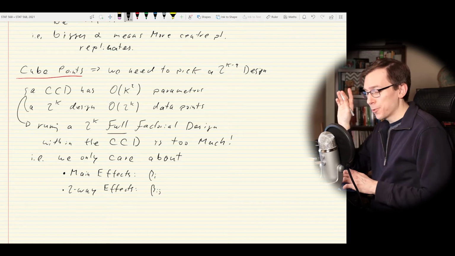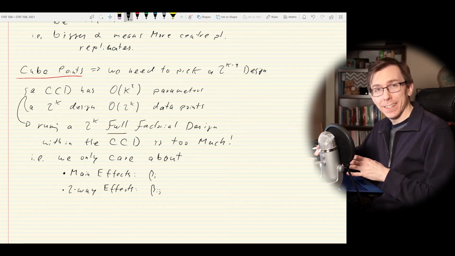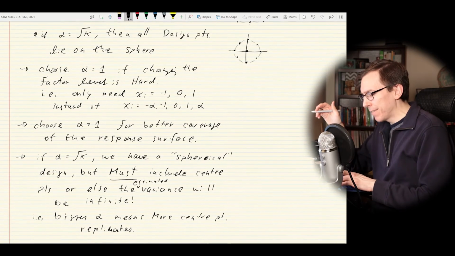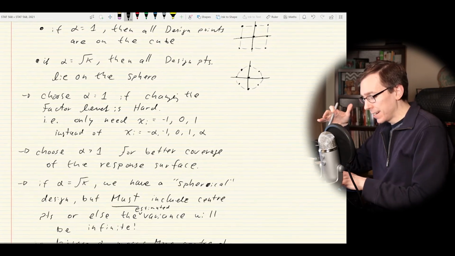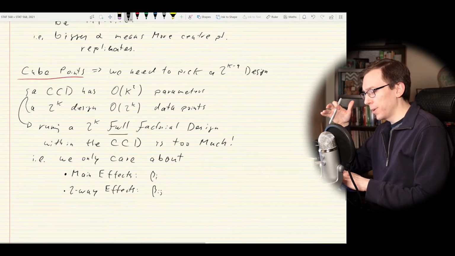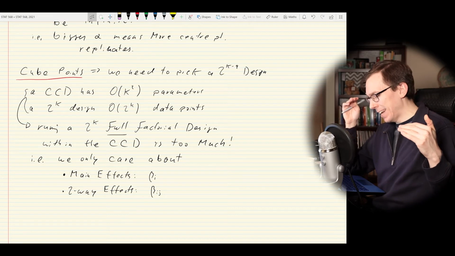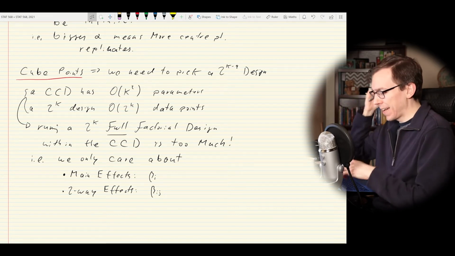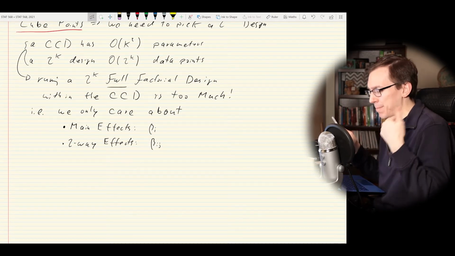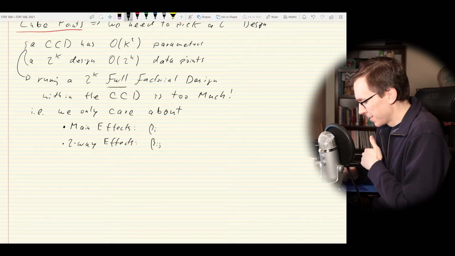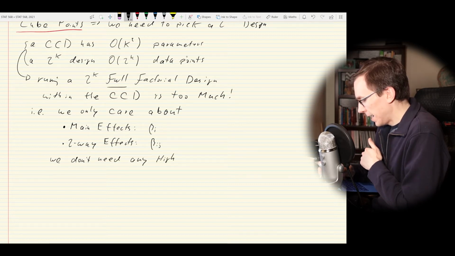Now, the pure quadratic pieces can't be estimated from the cube points, but we already have those being estimated up here by the axial points. So that's done. And the cube points are going to allow us to estimate the main and two-way interaction effects. So the point is, first of all, we only care about main effects and two-way interactions, and we don't need any higher order interactions.